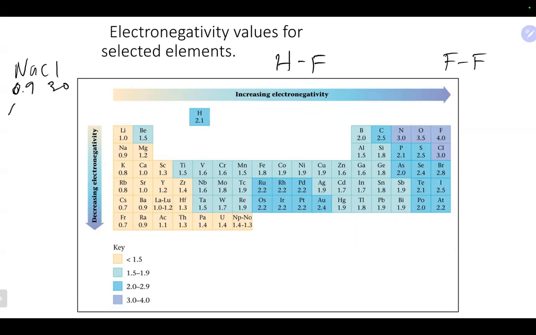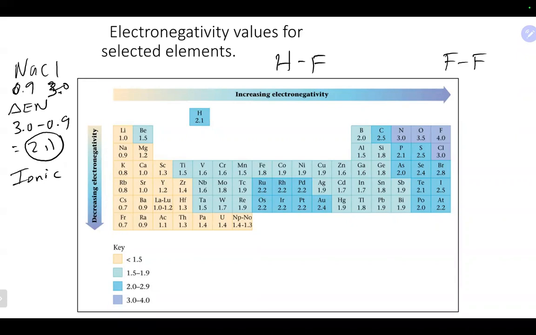The difference in electronegativity will be 3 minus 0.9. That is 2.1. So 2.1 is above 2, which tells us this is going to be an ionic bond. Once again, for something like this, you don't even need the numbers. As soon as you see sodium and chlorine, metal, nonmetal, it's ionic. So if it makes you feel better, you can do that.